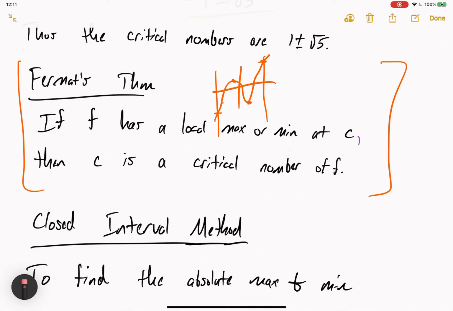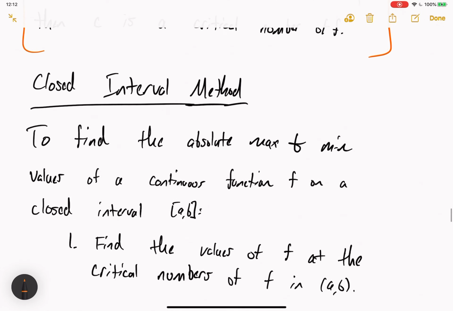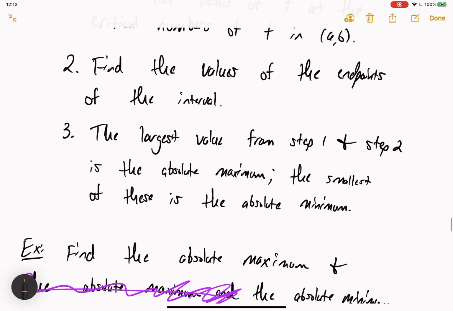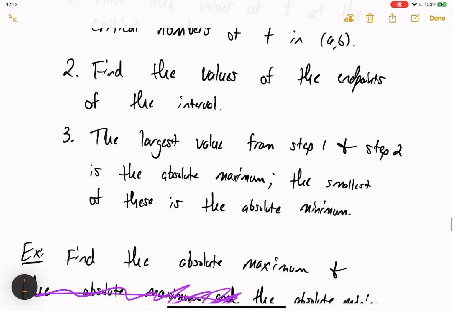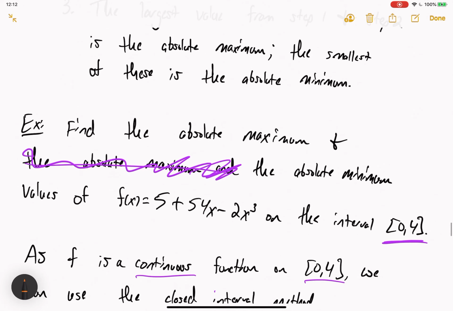In those cases, the derivative is not going to be equal to 0, and it's still going to be defined there. The derivative doesn't have to be 0. It could be 7 or 11 or negative 32, and it still wouldn't be a local max or min. But the fact is that it could be the endpoints as well. That's what this idea is. We find the local max or mins, and we check the endpoints just in case the endpoints are higher or lower than those values. So that's an example.